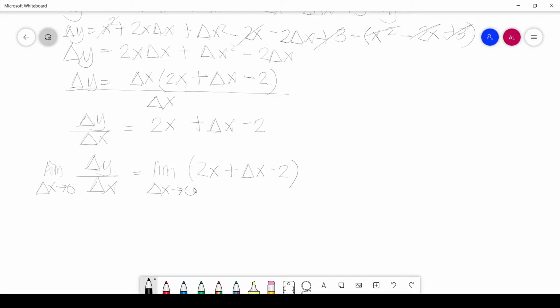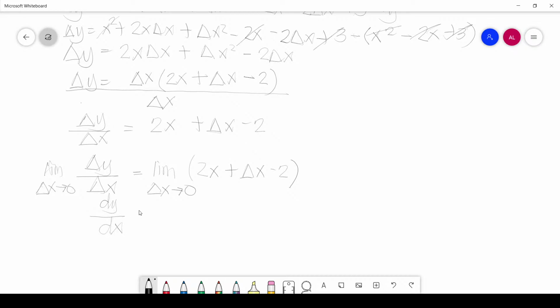Again, as Sir Mark said, always write the limit. Because we have not done anything yet, all we did was substitute delta y over delta x with its value. If we have learned before, the limit of delta y over delta x as delta x approaches 0 is equal to dy over dx.